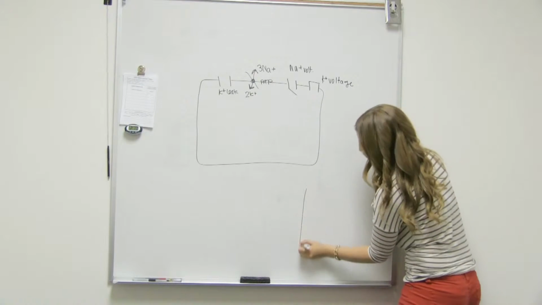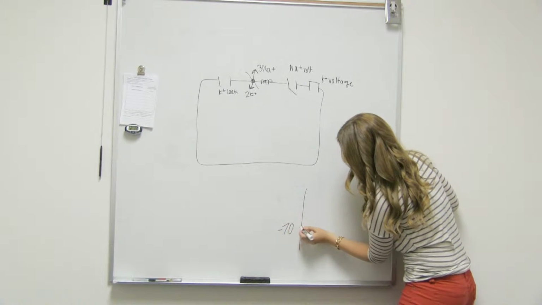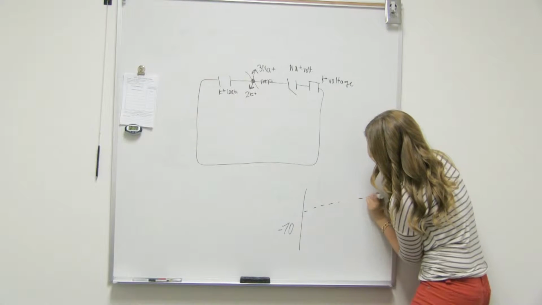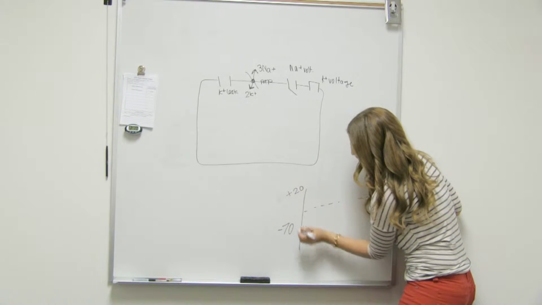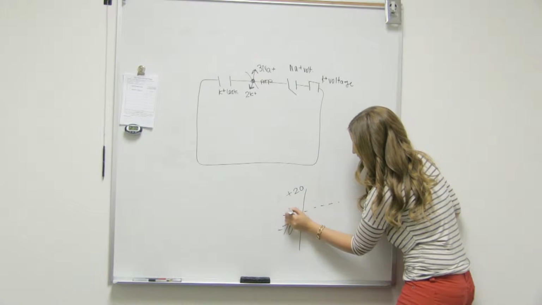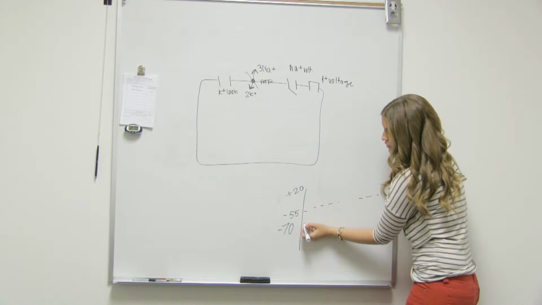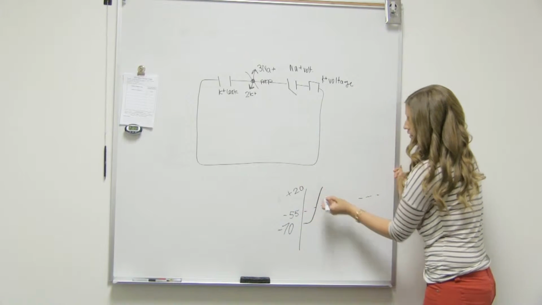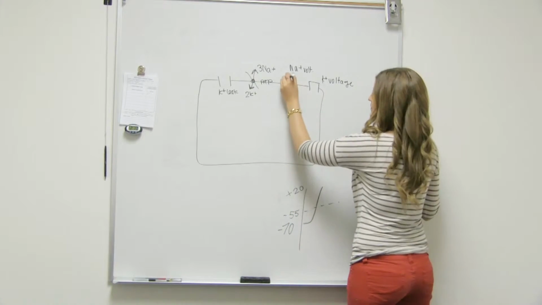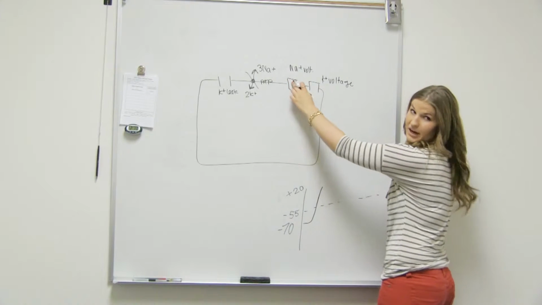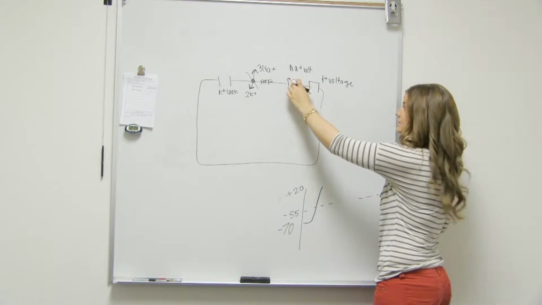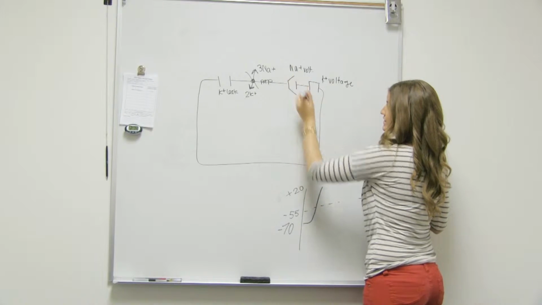When you're going through the action potential curve, if this is threshold, here's positive 20. Let's say threshold's at negative 55. You're going to be depolarizing, and when you depolarize, it's because normally your activation gate is shut at rest. But then when you depolarize, it's going to open up.